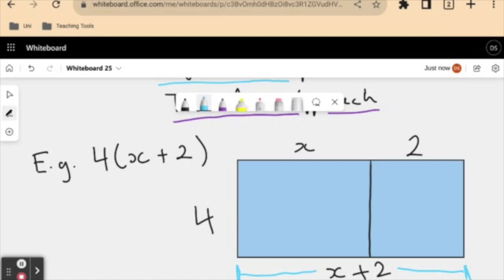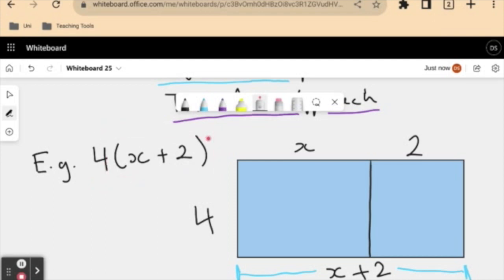Now let's look at this shape I have here. All my question is asking me is, what is the product of 4 and x plus 2? Because when we put this 4 next to the bracket like this, we imply a multiplication. So we are essentially asking, what's 4 times this bracket, x plus 2?